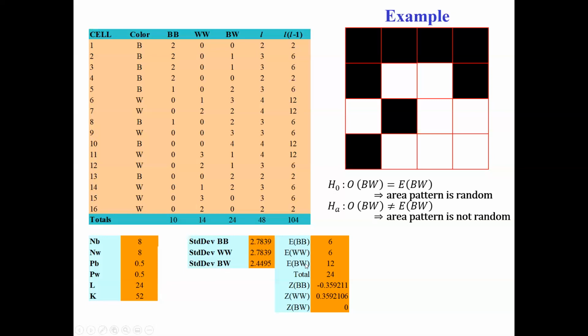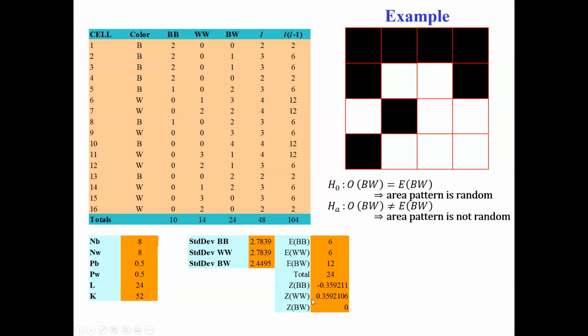I introduced the formulas before, sorry, 2 slides ago, and you can go find them. And eventually, ZBB, ZWW, and ZBW, the three Z statistics, can be calculated.